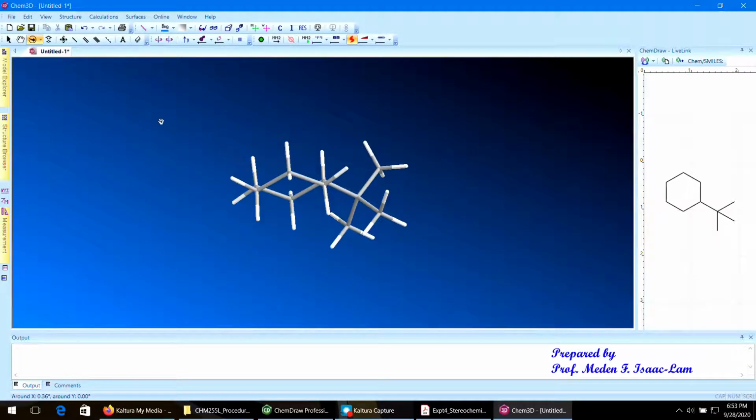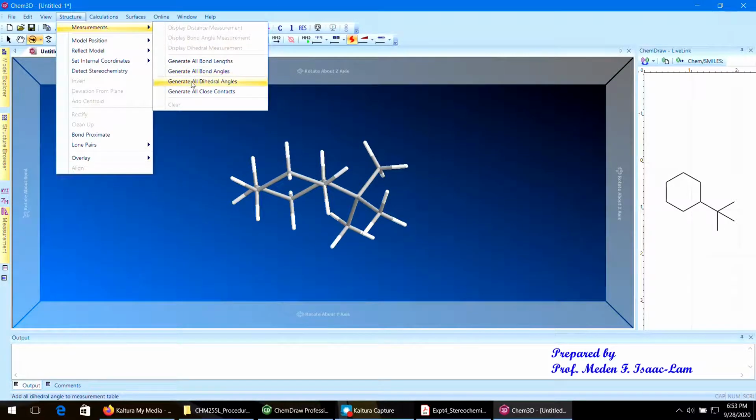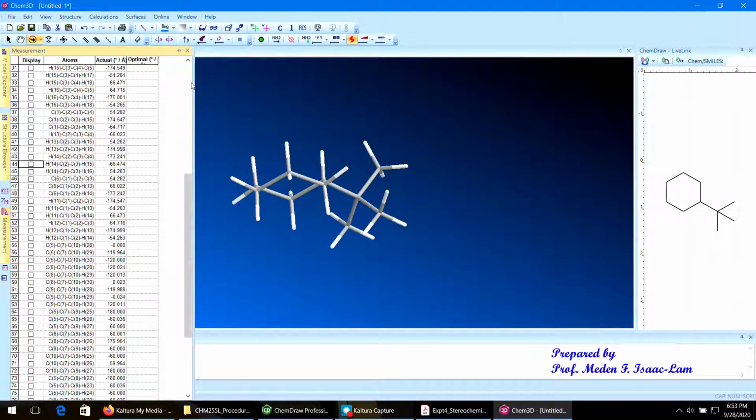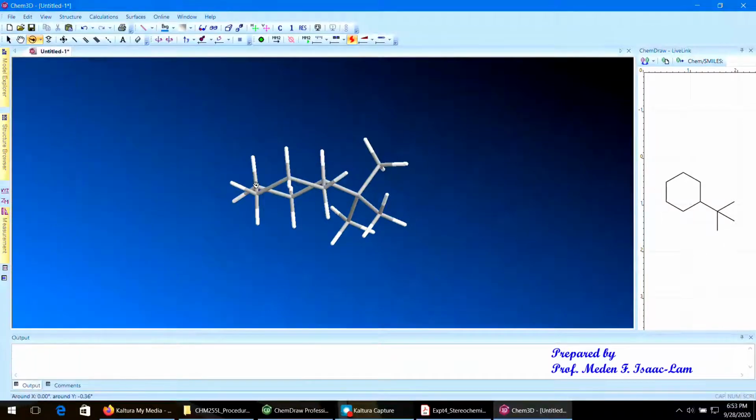So now if you do again structure tab and then measurements, generate all dihedral angles. There are so many dihedral angles. If I hover the mouse on here, it's H14 and then this is C2. And then if I put it a little bit down, that's C3, and then this is H15.